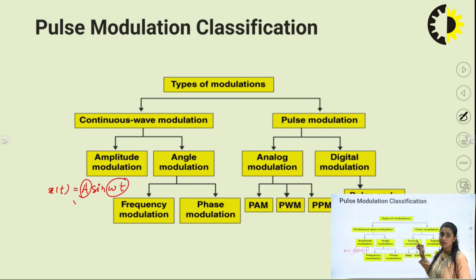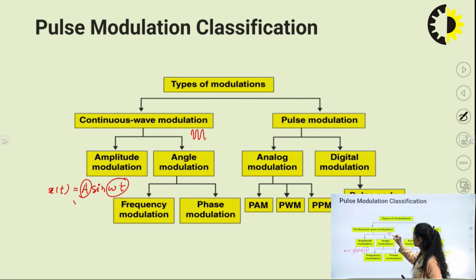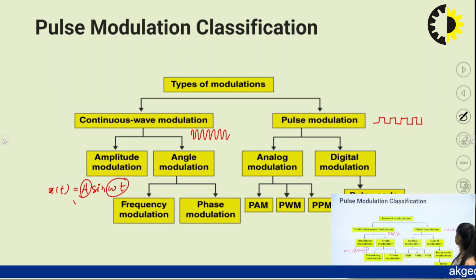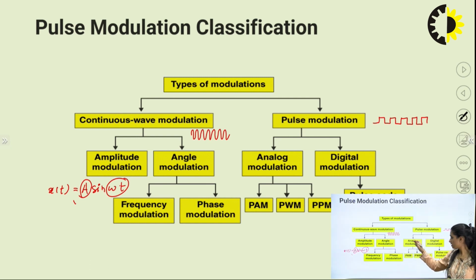Now in this unit we are focusing on pulse modulation. Here, as my carrier was a high frequency continuous wave earlier, now my carrier will be a high frequency train of pulses, that is a fast moving train of pulses. It can further be classified into analog modulation and digital modulation.